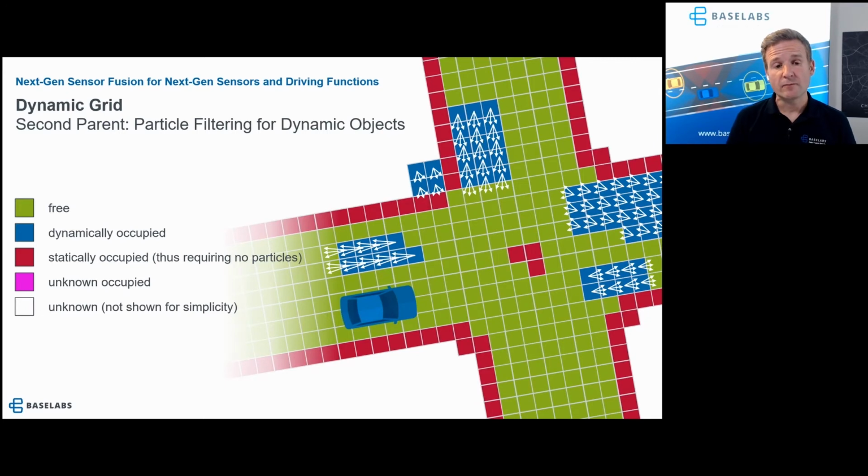That is some kind of particle filtering, which means that for each of the cells in the grid, we add a number of particles, and those particles are responsible for estimating the velocity of dynamic objects and their driving direction.